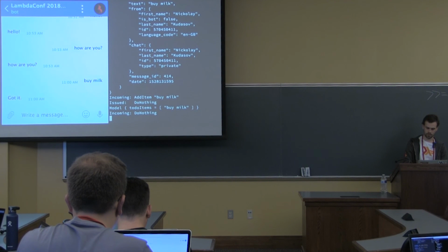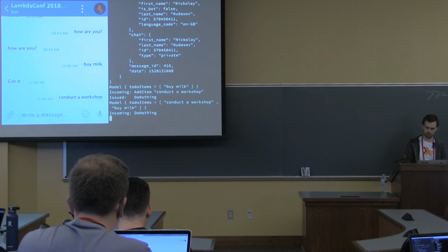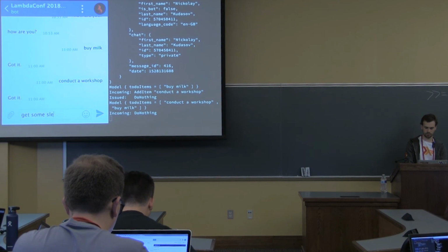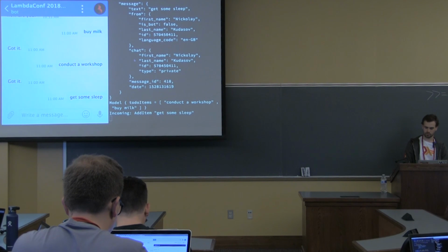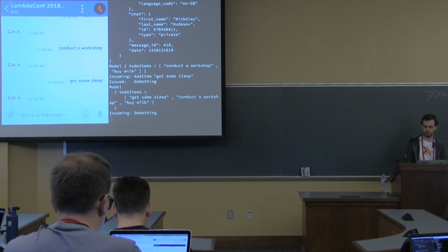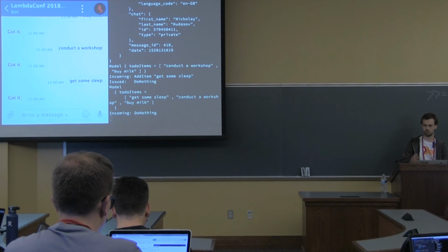Or conduct a workshop. It takes a while to get through, but it goes there. Or get some sleep, maybe. Not right now, though. So here's your model, and I use pretty show by default to be able to parse it with my eyes later.